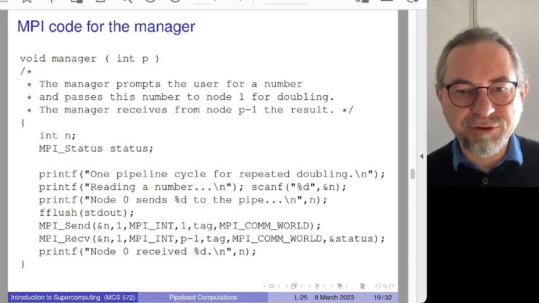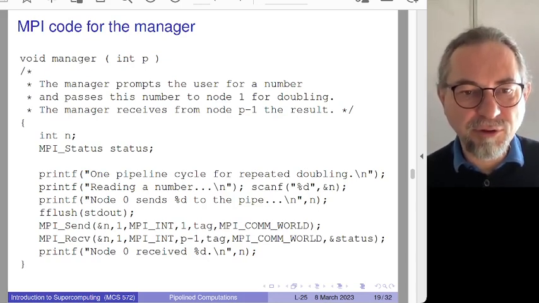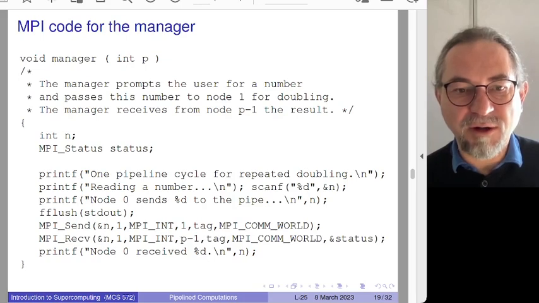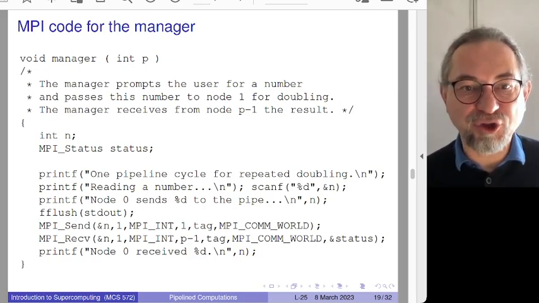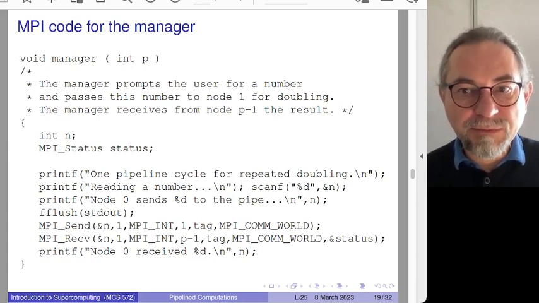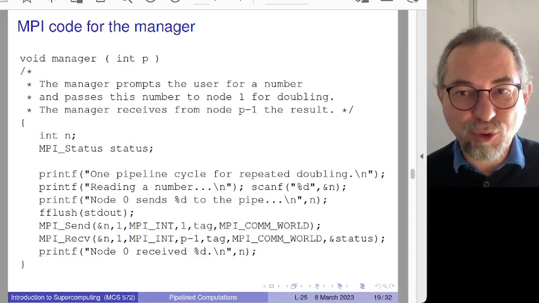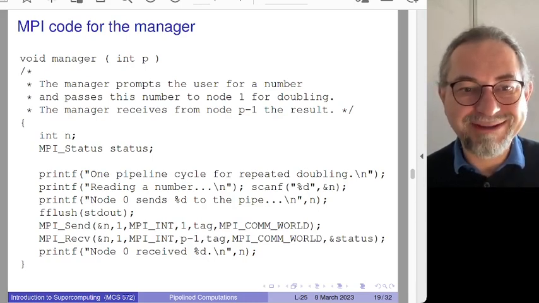So it's important to note the destination. So the sending goes to 1, the receiving goes from P minus 1. So for MPI, again, it was important, or it remains important, that every send is matched by a receive.